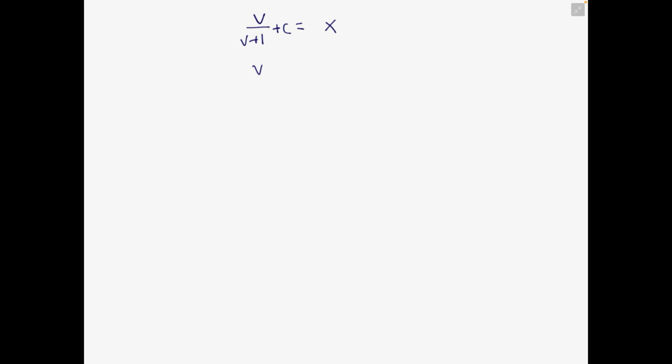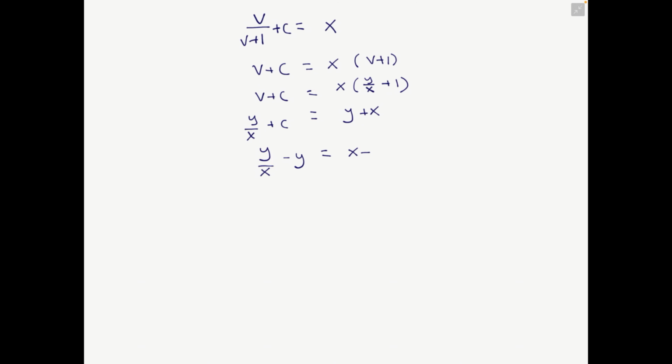And then we get v equals cx times v plus 1, so y over x equals cx times y over x plus 1, and that is y plus x, and y over x minus cy equals cx.